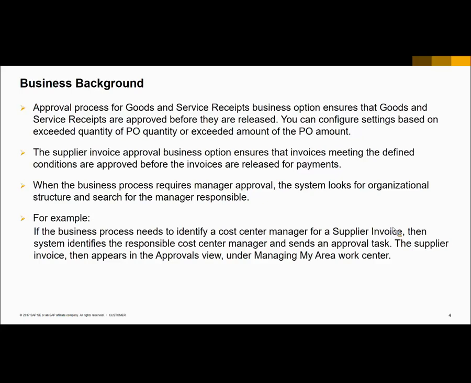Why do we need this? In certain industries, certain companies, there will be huge quantities or huge cost involved in the respective purchasing documents. In those cases, if anything varies in the delivered quantity, it has to be notified to the respective managers. In such cases, we use the approval process for the goods and service receipt document.